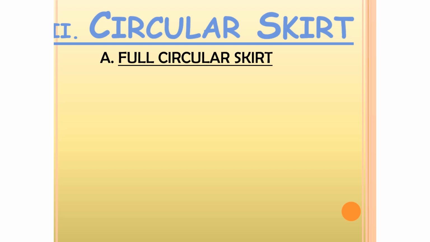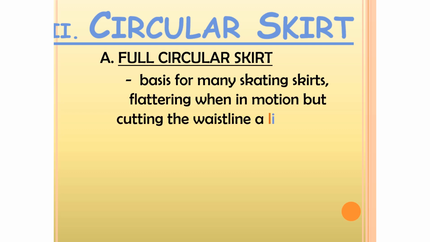The next one is the circular skirt. How do we know that the skirt is classified under the circular skirt? Just like the full circular skirt, it is the basis for many skating skirts, flattering when in motion, but cut the waistline a little small.